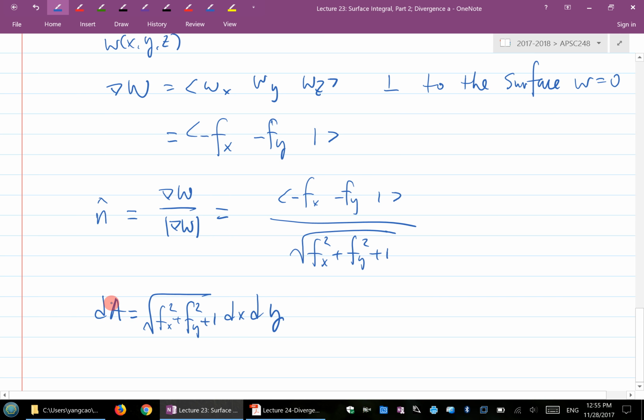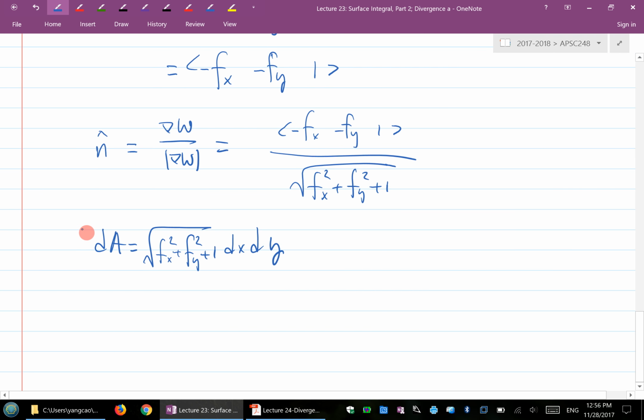Now, why am I taking this extra step here? You don't really need it for the surface integral calculation; it's optional. The reason is that dA is also a very important formula.